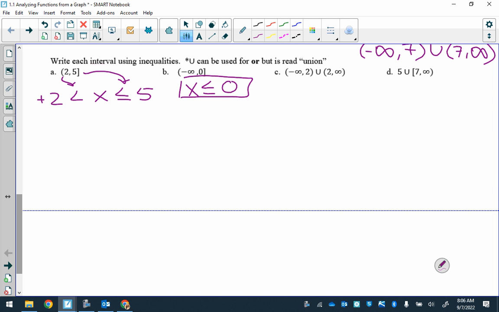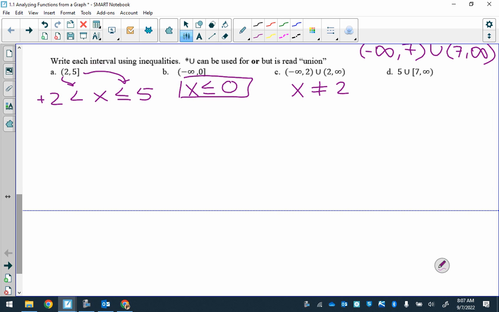There's two ways you could actually write this. Go ahead, Juliet. Good. Okay. X does not equal 2. That's pretty much what we could write.